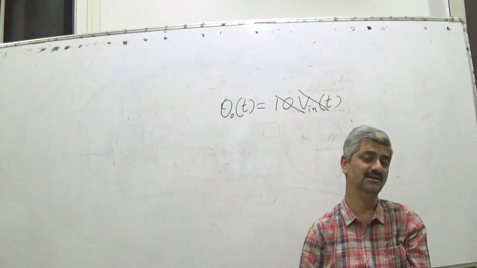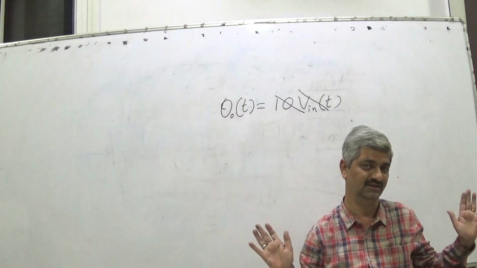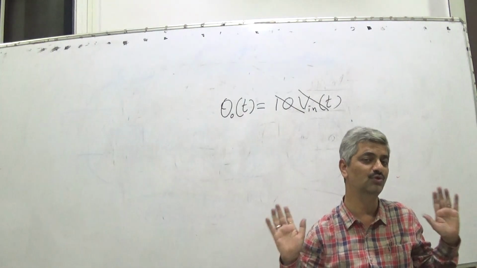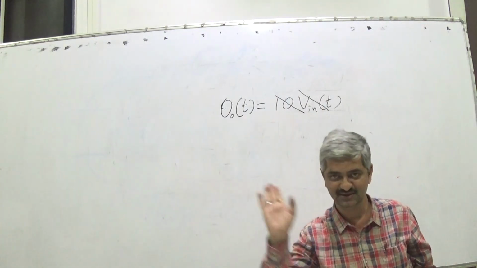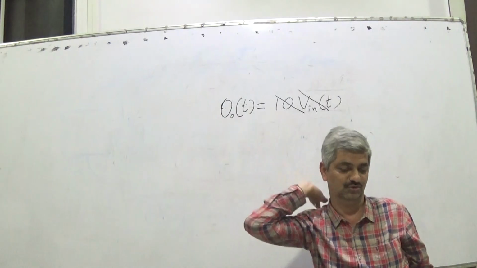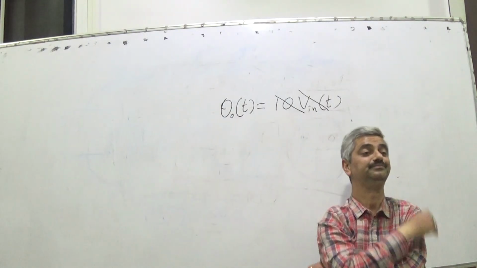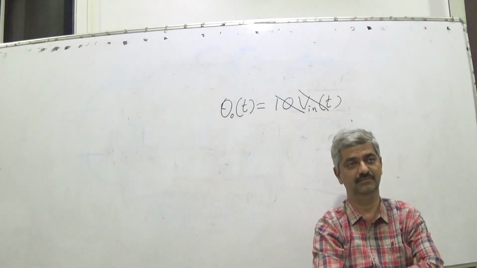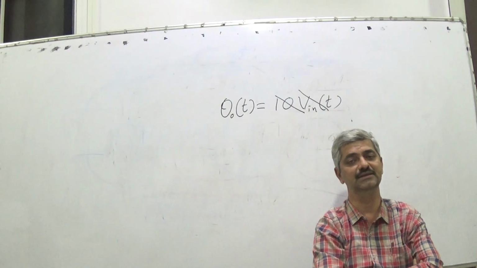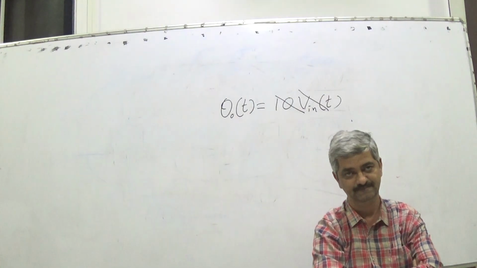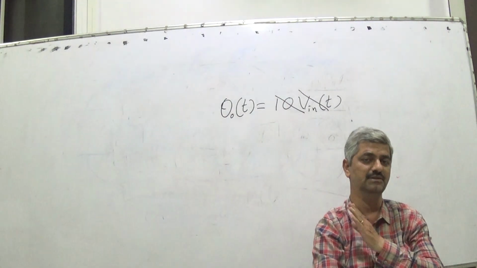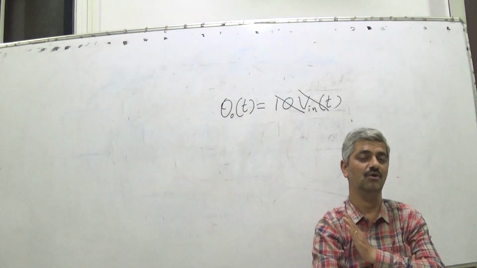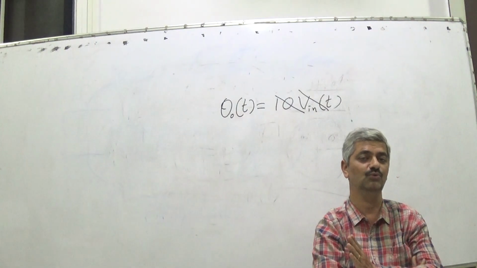But this is not a real time equation. Steady state, if you don't change, it is all right. But if you change, this equation is not holding good. Whenever there is a cause-effect relationship, there is inertia. The input voltage causes some current to flow.